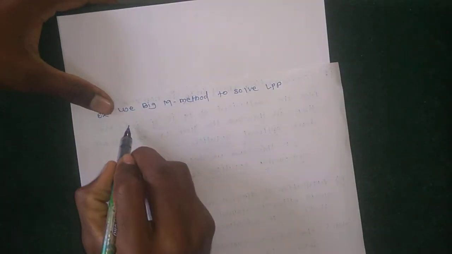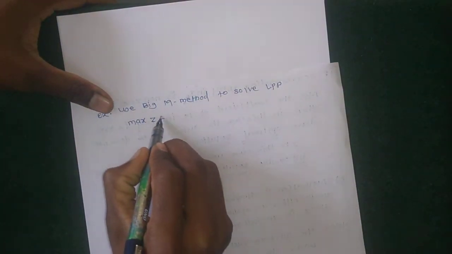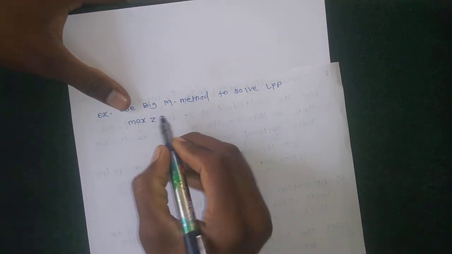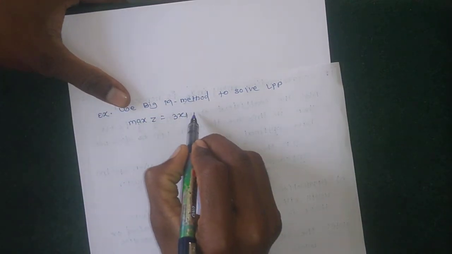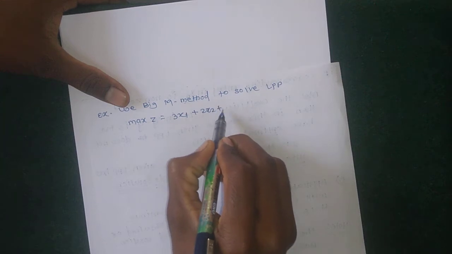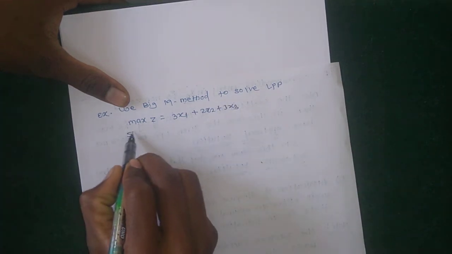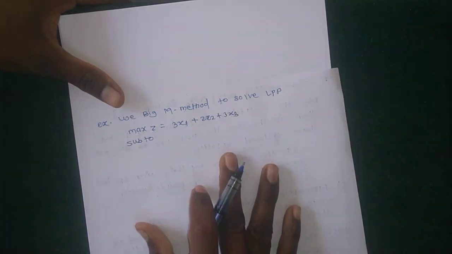The LPP is given that maximize Z equal to 3x1 plus 2x2 plus 3x3, subject to constraints.